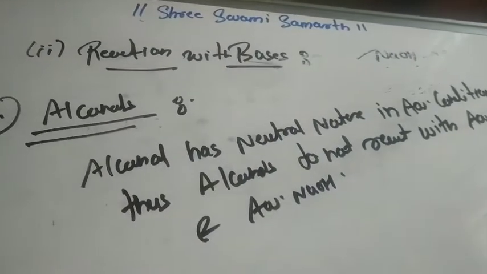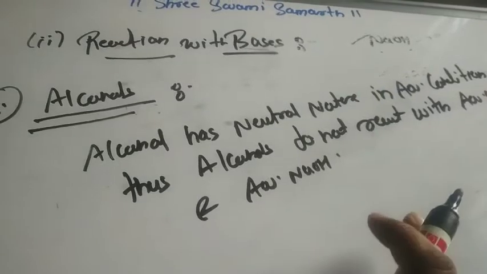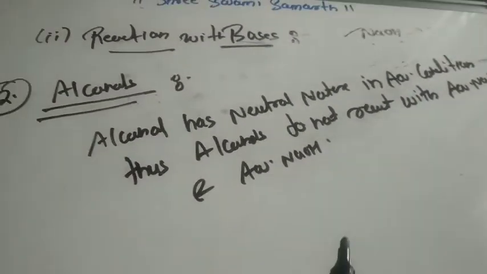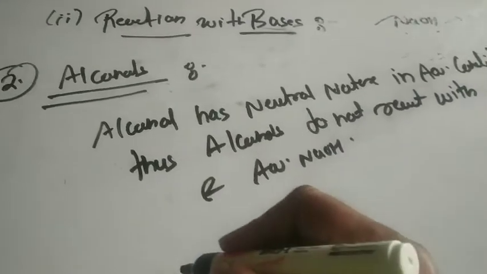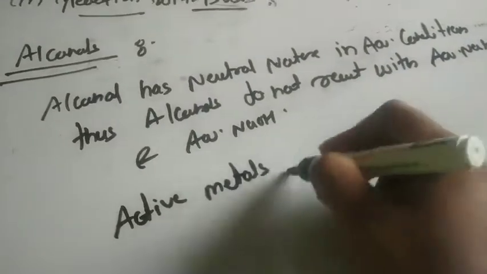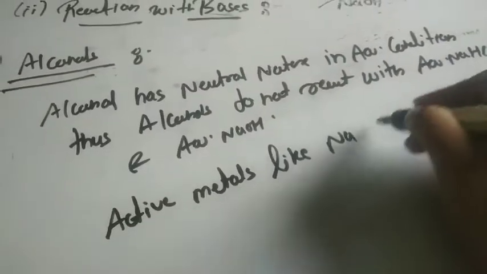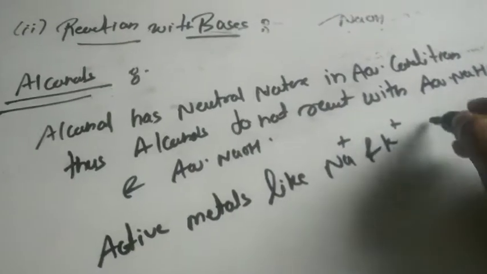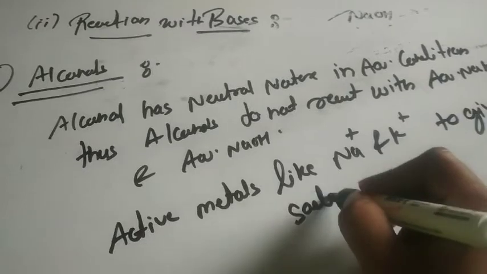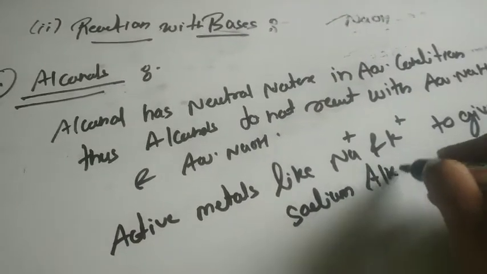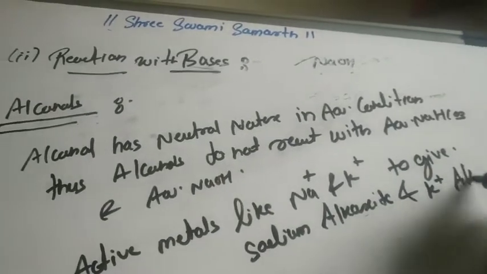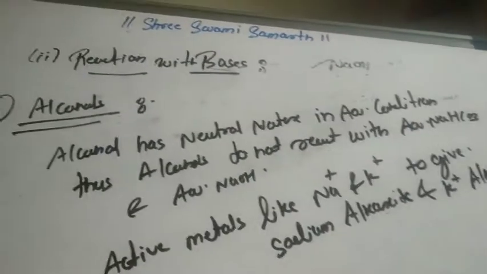But alcohols react with active metals like sodium and potassium to give sodium alkoxide and potassium alkoxide.